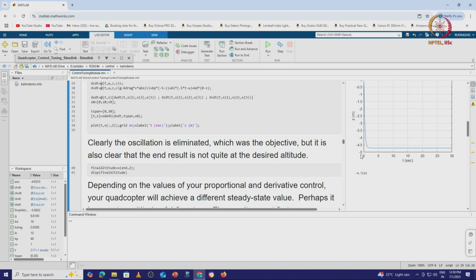I want 5 meters, but it is reaching only about 4.7 meters, still not reaching the 5 meters, right. So that steady state error is a concern for me. The final altitude is only 4.7. I want the final altitude to be 5 meters. So PD alone is not sufficient.